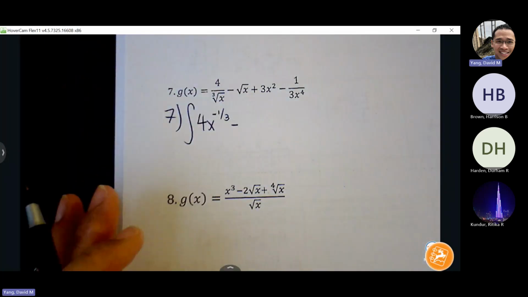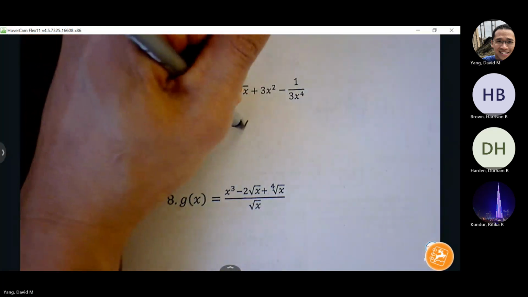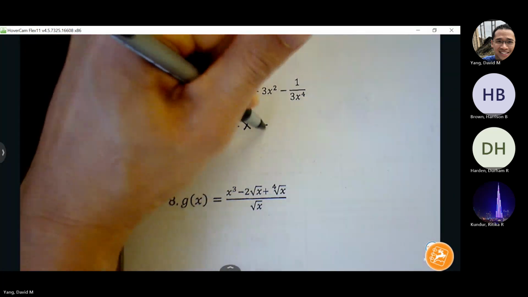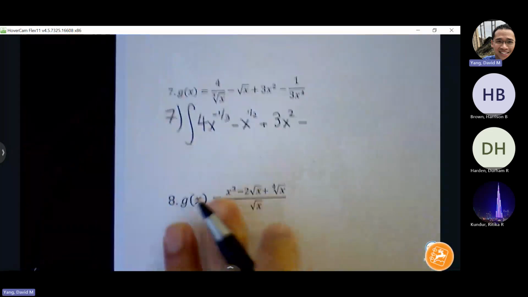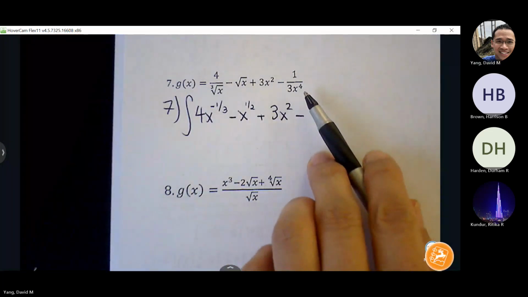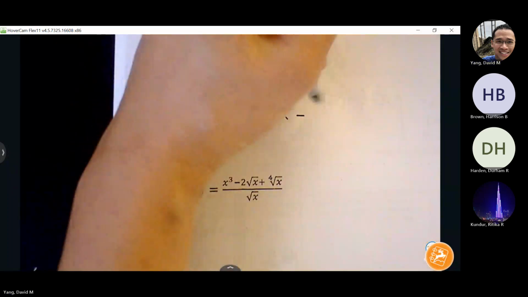Square root of x becomes x to the 1/2, which moves up as well. 3x squared doesn't need any adjustments. For the last term, the 3 can stay, but the x needs to come up.